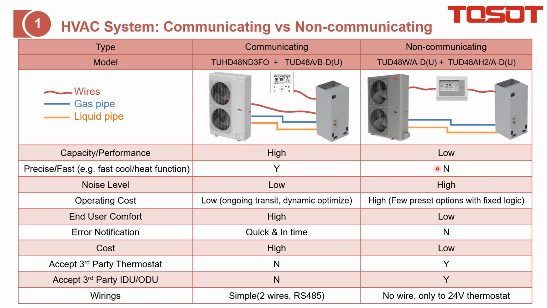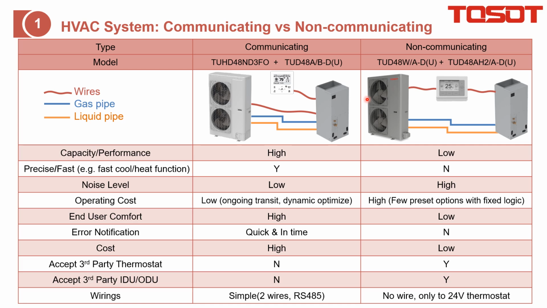Maybe you can also set the outdoor unit PCB to turn on fast cooling and fast heating, but that is based on preset logic, which means you require the outdoor unit to operate in fast cooling and fast heating, and then it cannot slow down.